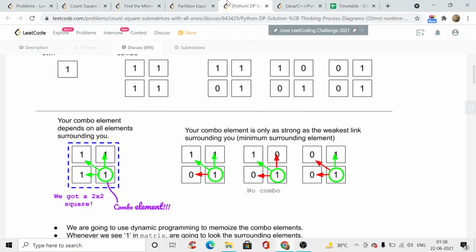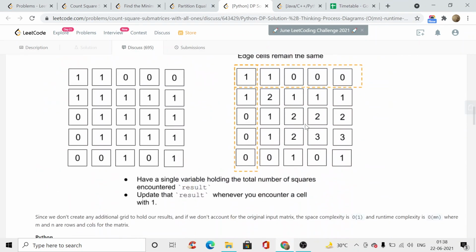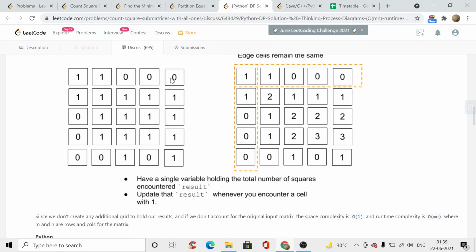If you see in this, some values are zeros because these are zeros. So these actually could not form anything. So it's just the sum of all those that are taking part, because at this point you are able to make a square of size 2.